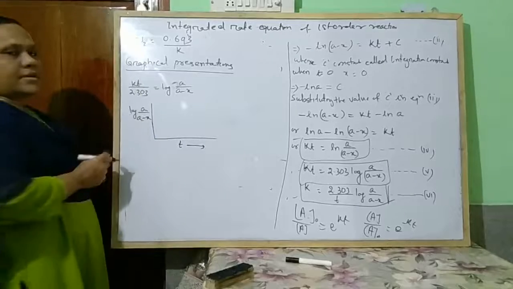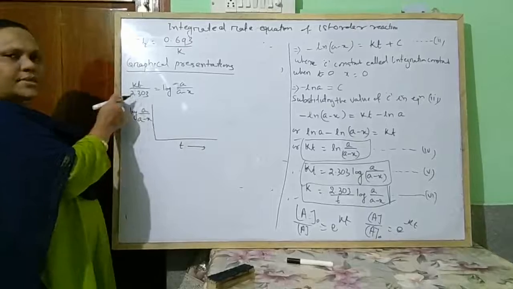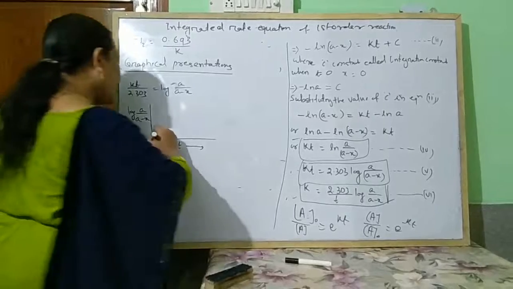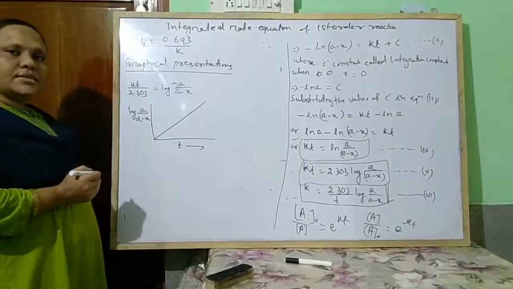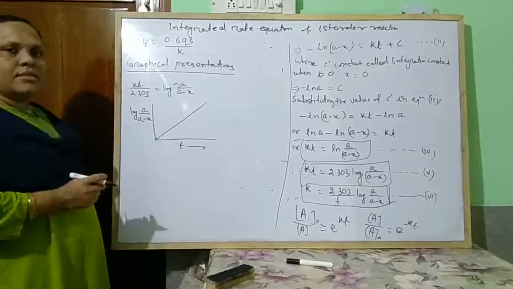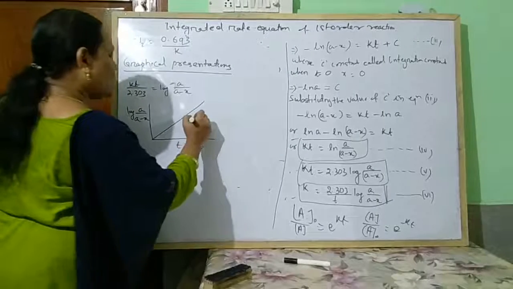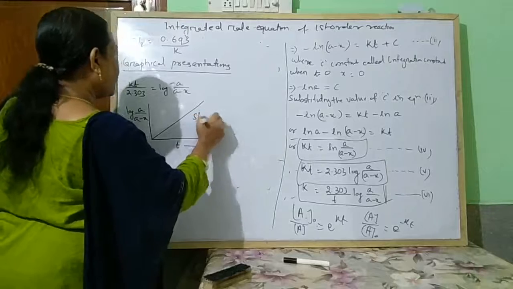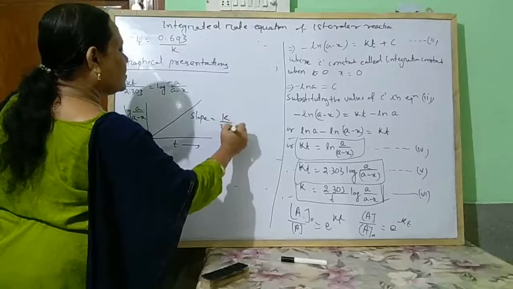Then this is also the equation of a straight line. Here there is no intercept and it gives a straight line passing through the origin, with slope equal to k by 2.303.